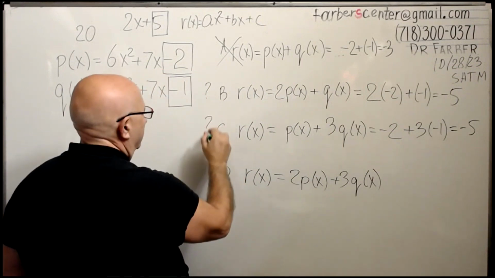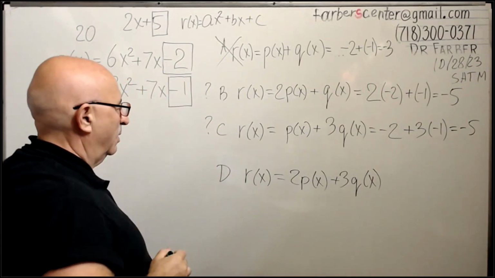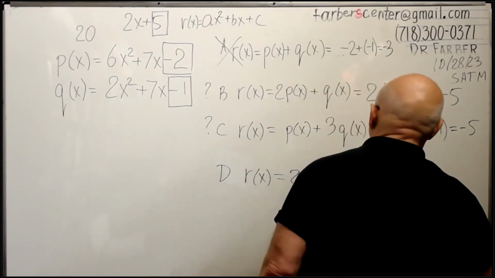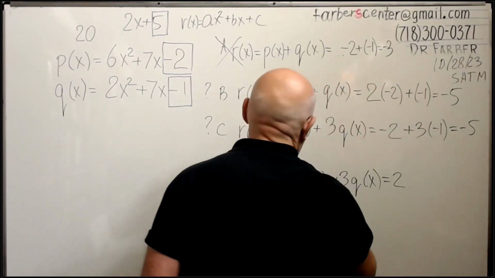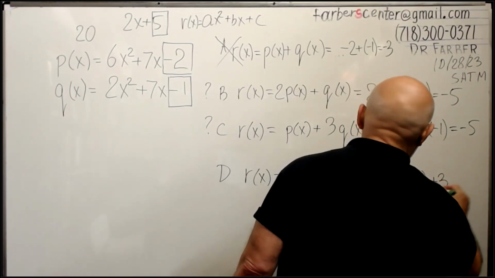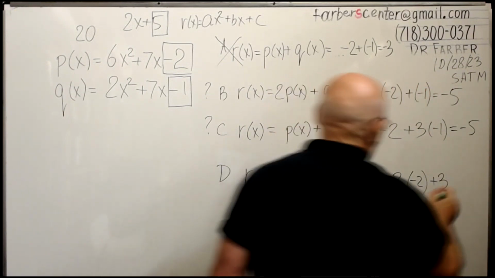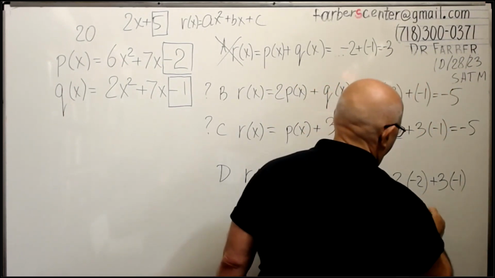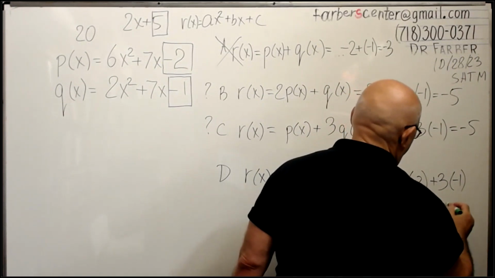I check all candidates right now. Is 2 times -2 plus 3 times -1, which is -4 minus 3, -7.